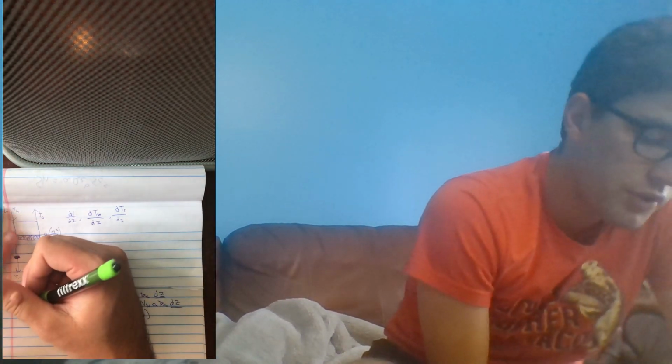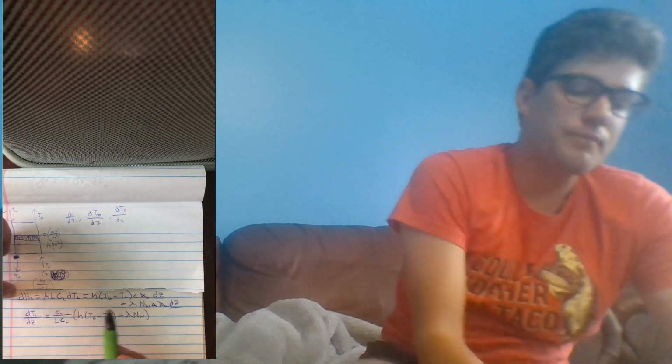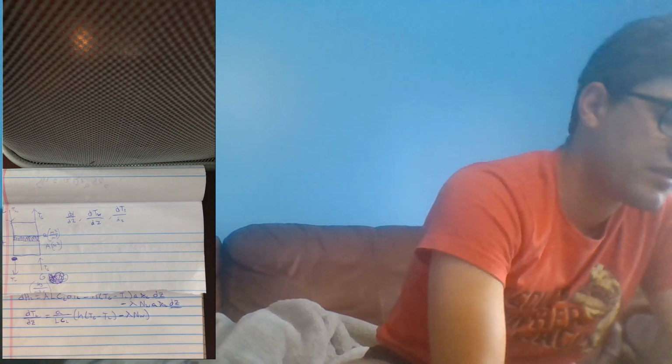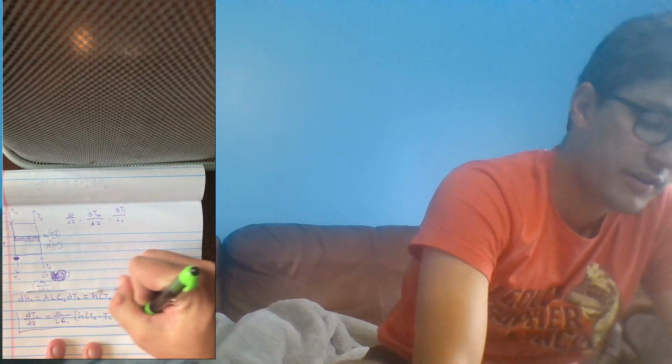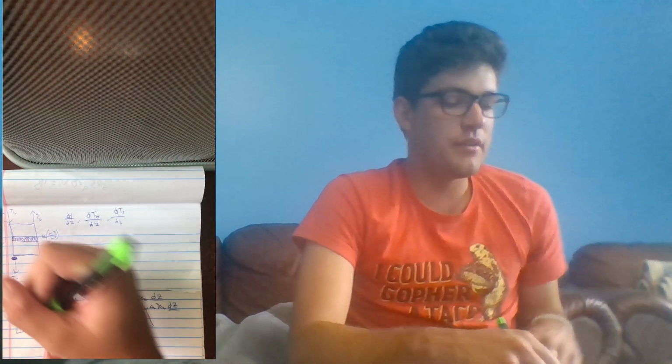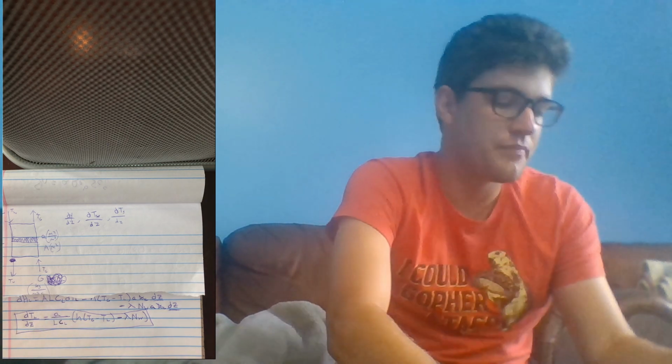Sorry, I got really confused with the algebra with our areas, but this is correct for our differential with respect to the temperature of the liquid in this tube with respect to position. So now we're going to do one more part.